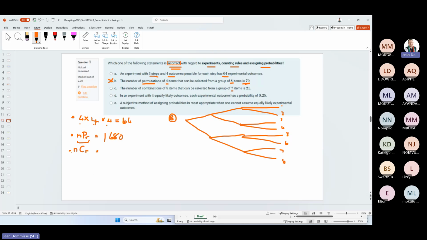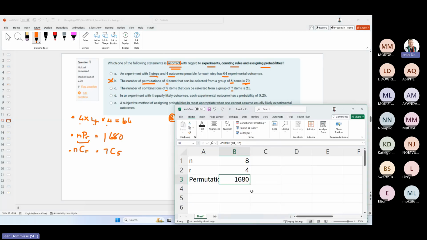They talked about N is 7, R is 5. So N7C5. So let's quickly get to this and work out. So your N was 7. Your R is 5. Let's work out the combination.